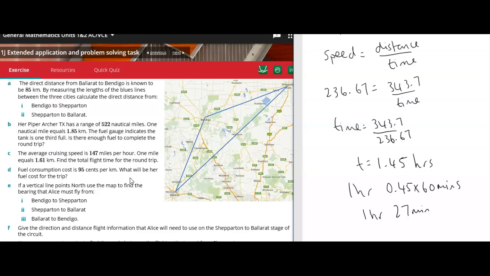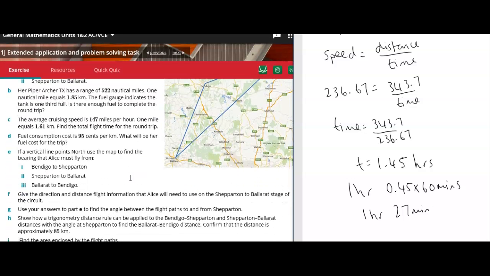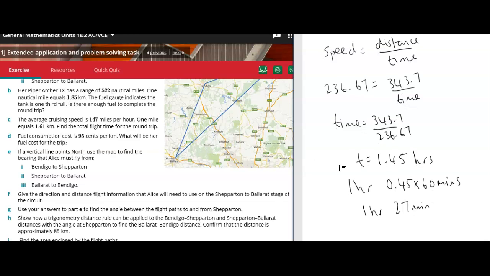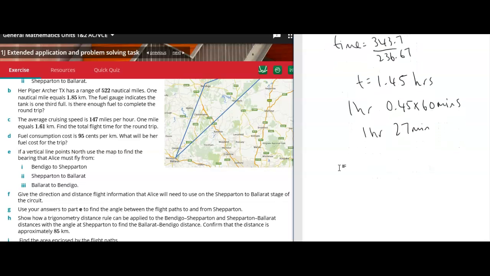So there we go. What are we up to? D, fuel consumption cost is 95 cents per kilometre. What will her fuel cost for the trip? So she's travelling 343.7. It's 95 cents.